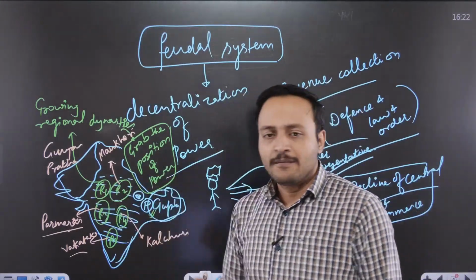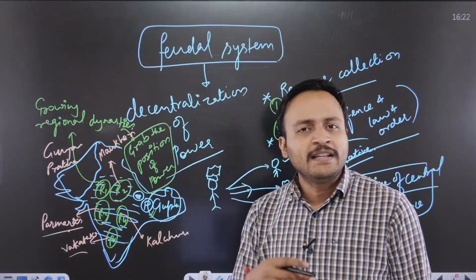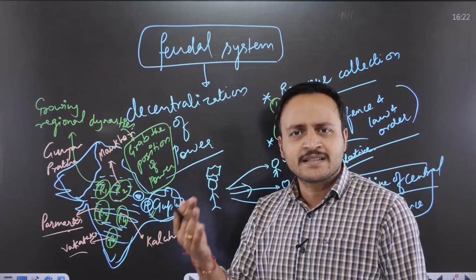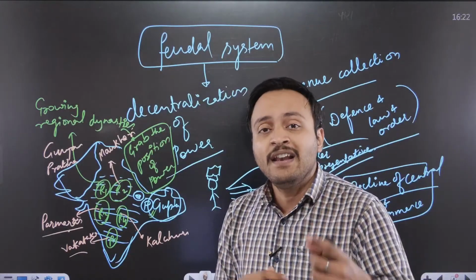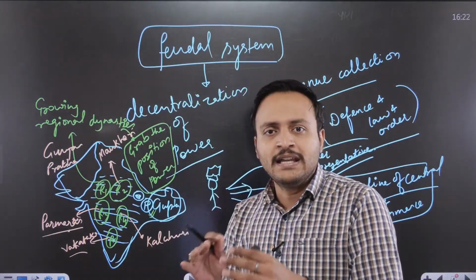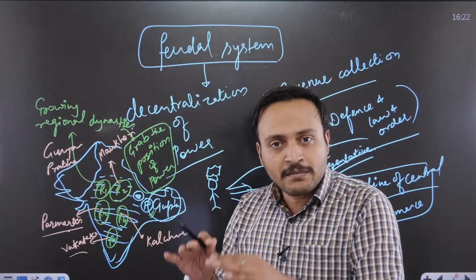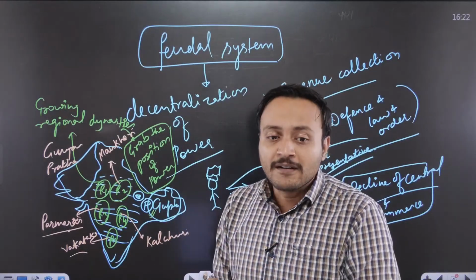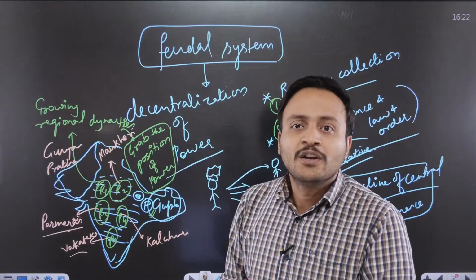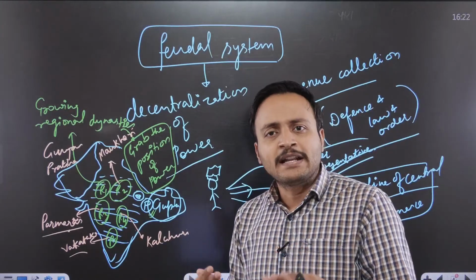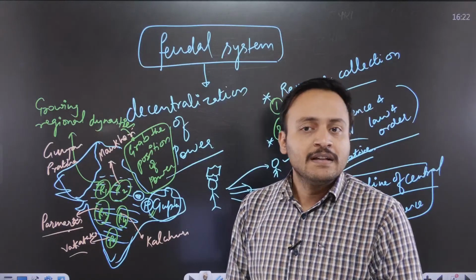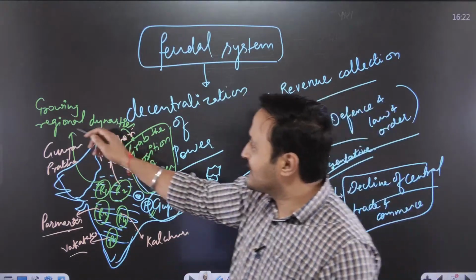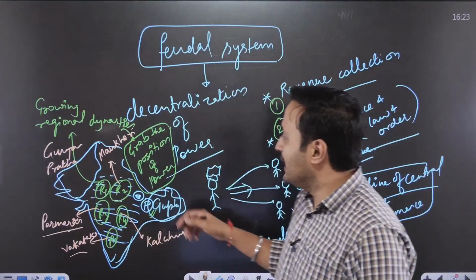The various subordinate rulers will assert their authority and establish their permanent position in power over those areas which were once upon a time the subordinated regions of the Guptas.